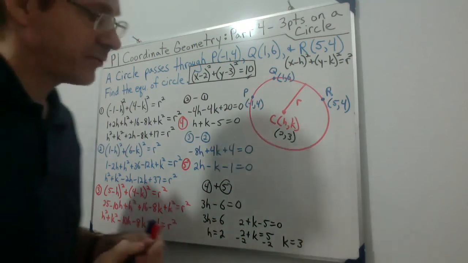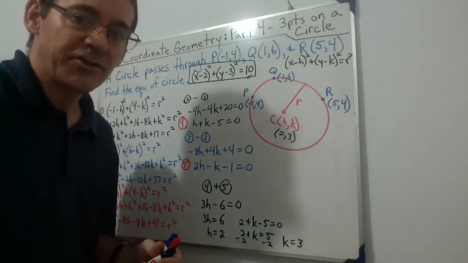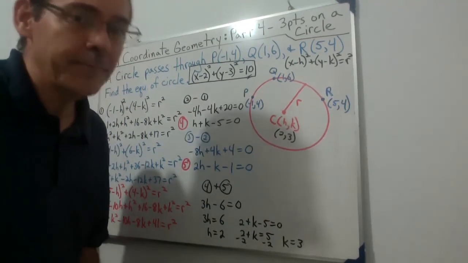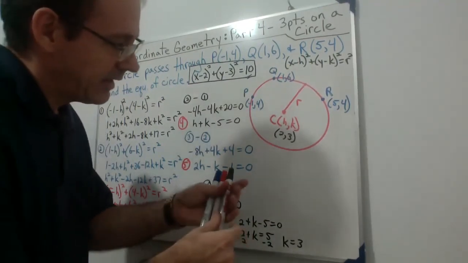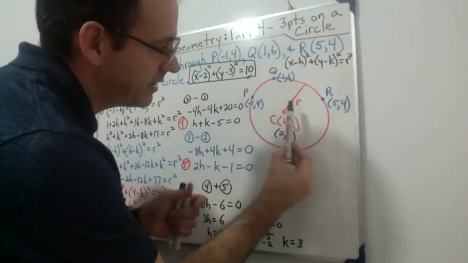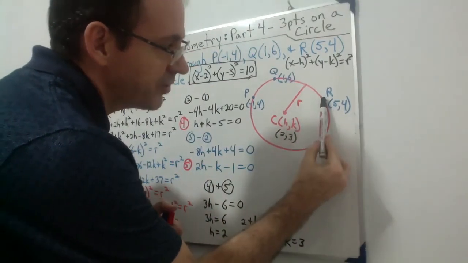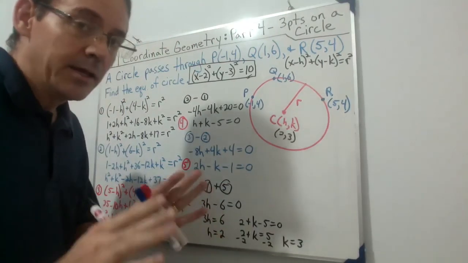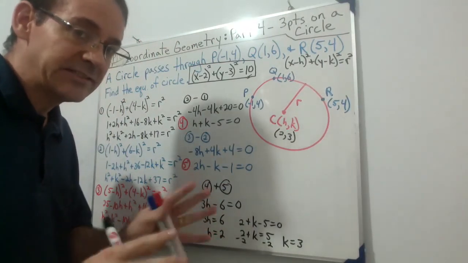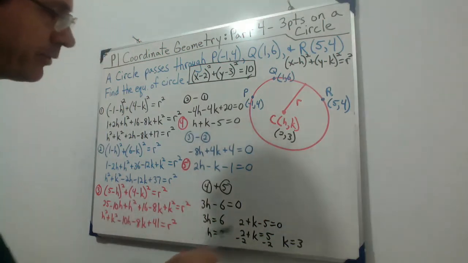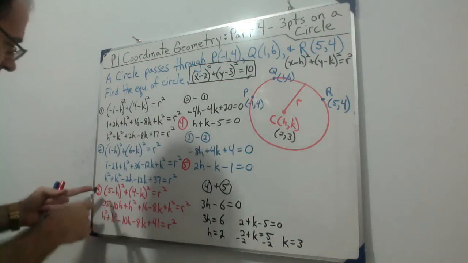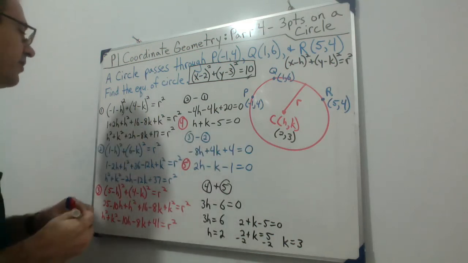To find the radius, we could do the same thing that we did last time. What we did last time is we went from the center to R and did the distance formula. You could do that, but you don't have to. Or we can plug our h and k back into one of these here and find the r.